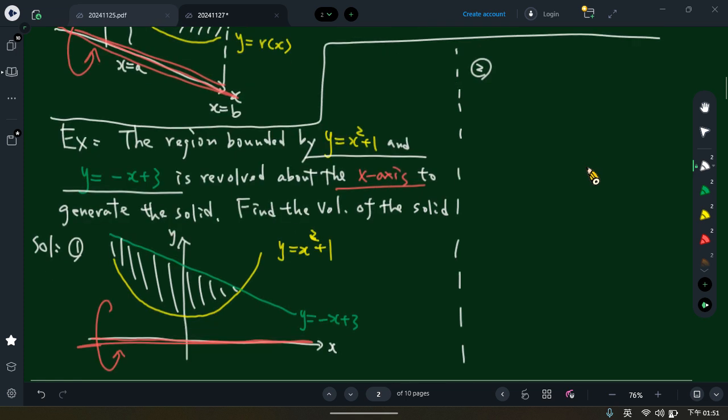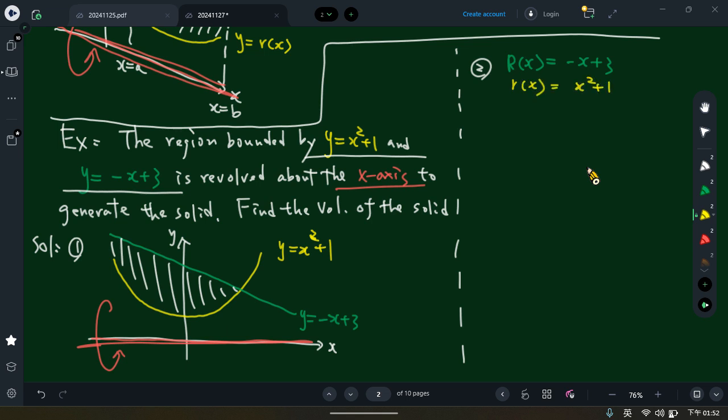So the outer one will be minus x plus 3. According to this figure, in this region, the green one is higher than the yellow one. And the small r of x will be x squared plus 1, right?